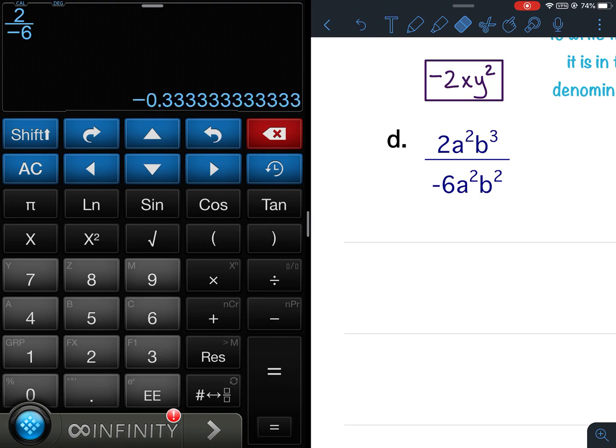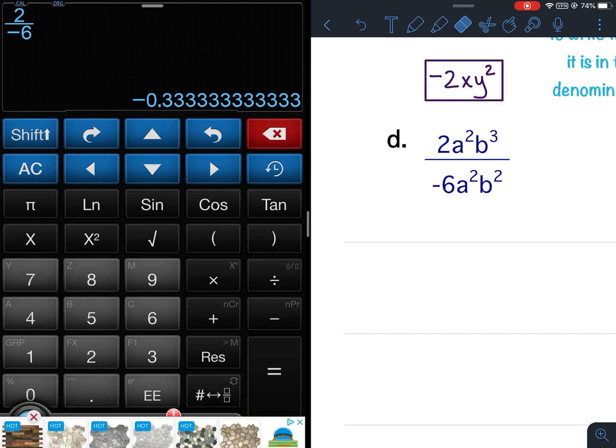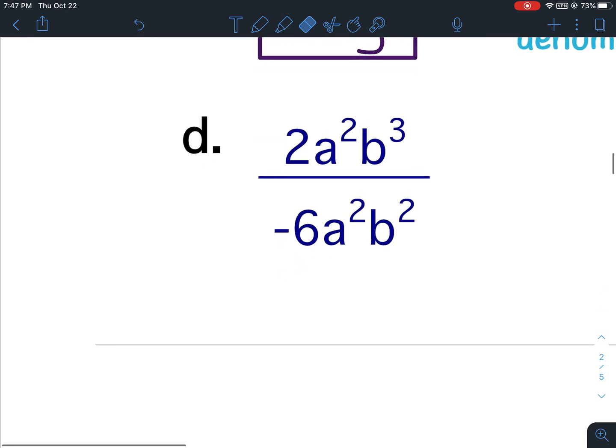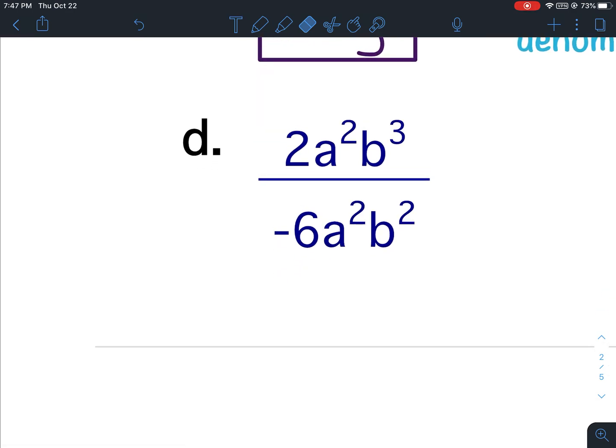If I hit enter, again, the calculator on the iPad is going to give you a decimal, so what you want to do is change it back to a fraction. So that would be -1/3. All right, now that means when you get -1/3, that means the 1 would go in the numerator and the 3 would go in the denominator.